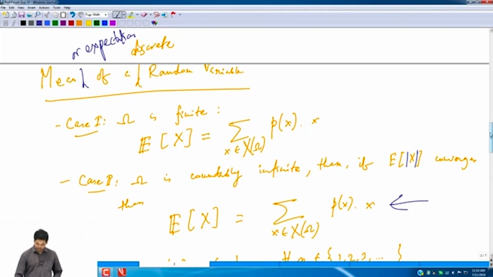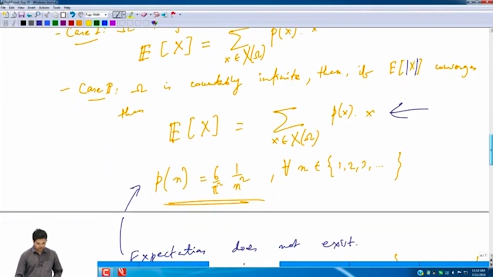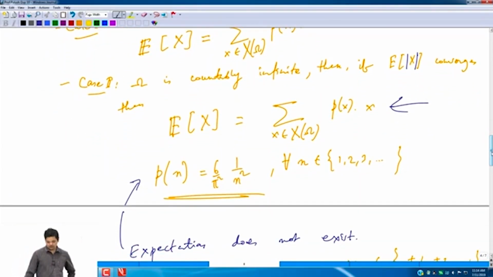If omega is a countably infinite set, then we say the expectation of X exists if the expectation of mod X converges, and in that case the expectation of X also converges to a unique real number, and that is defined as the expectation.